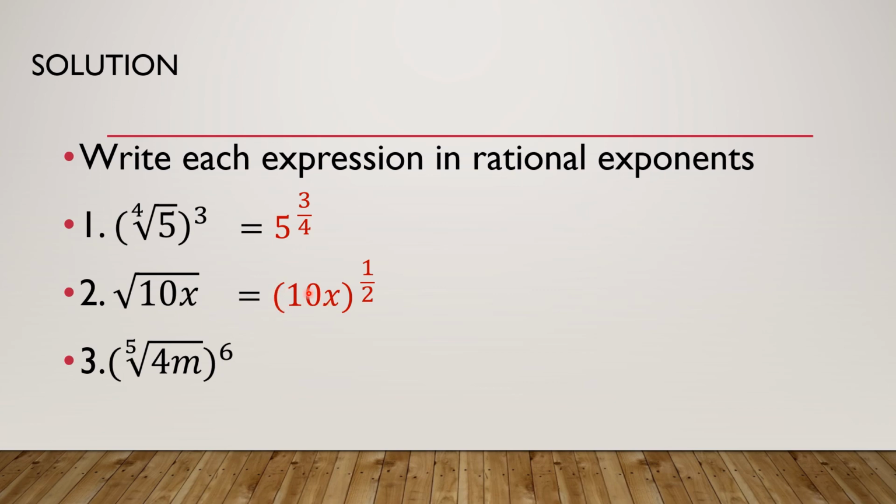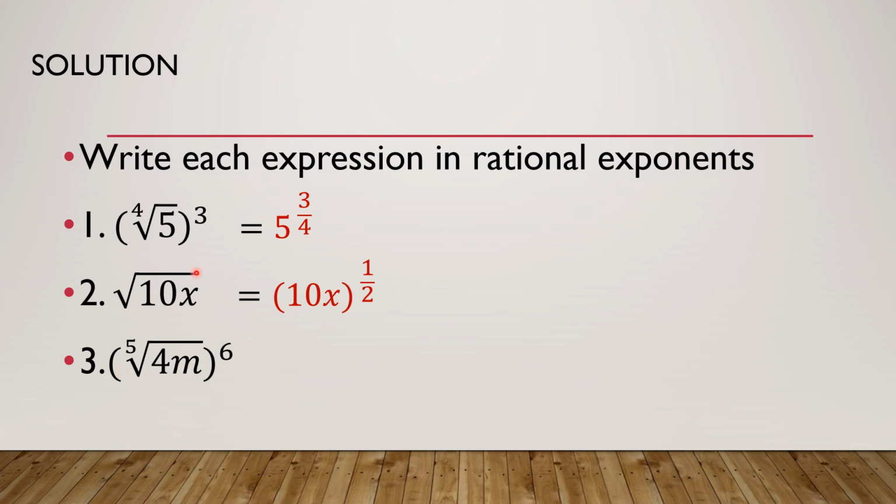So, kailangan po may parenthesis po yan. So, copy 10x. Then, ang exponent po ng 10x is 1. Dahil po walang nakalagay, understood na po na 1 yan. Yung index po, wala pong nakalagay, kaya understood na po na 2 yan. Kaya, ito po ay 10x raised to 1/2.